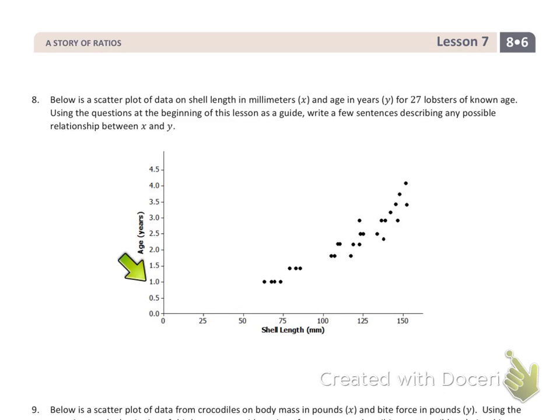And the age of these lobsters goes anywhere from 1 year up to about 4.5 years. So we want to know, is there a correlation between the shell length and the age of the lobster? And so what would you say about this one?